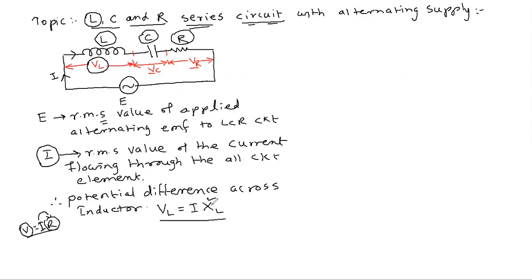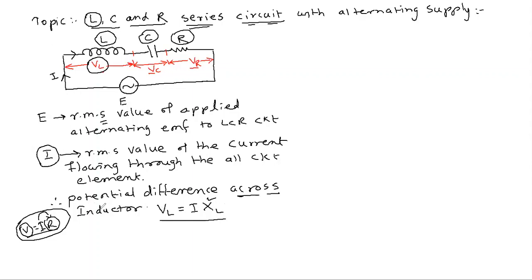So XL is one sort of resistance offered by the inductor, and we get VL equal to I XL.